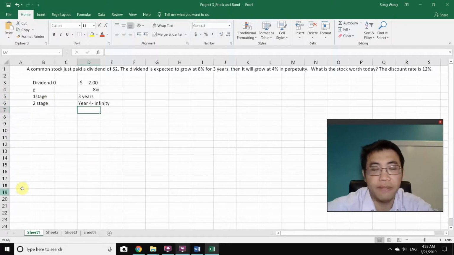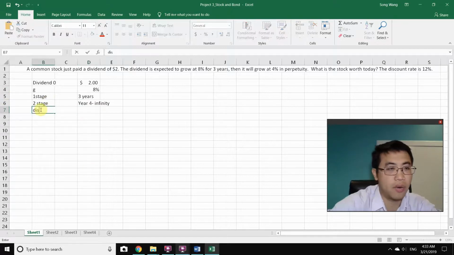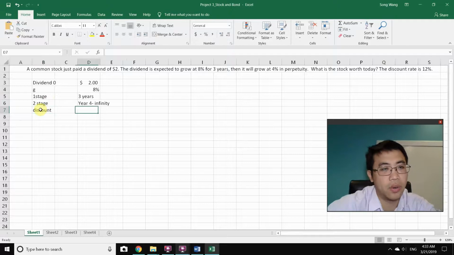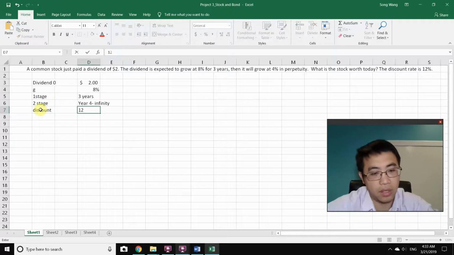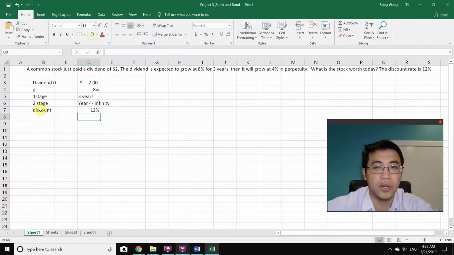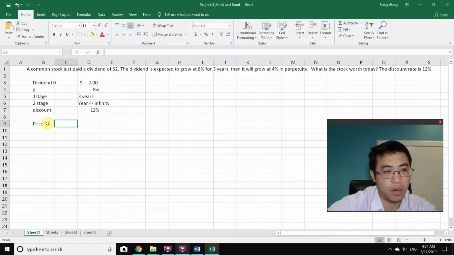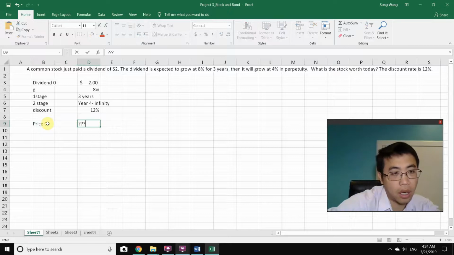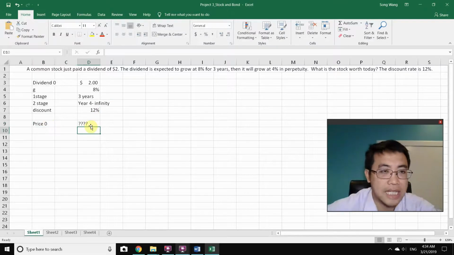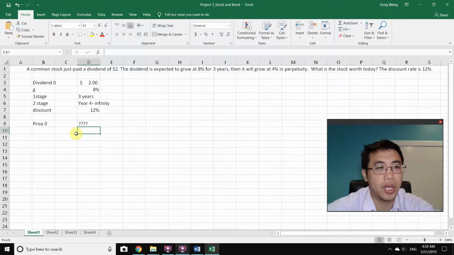Oh, by the way, you have the discount rate. The discount rate is 12%. These are the pieces of information you need to solve for the stock value today. So you need to know price 0; price 0 is what we are solving for. That's how you dissect the information related to this problem.